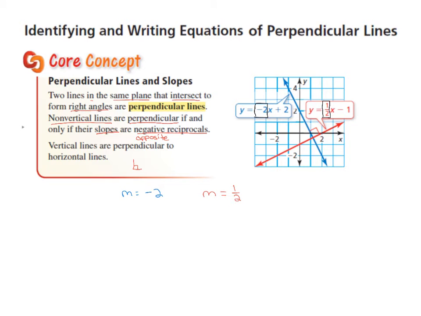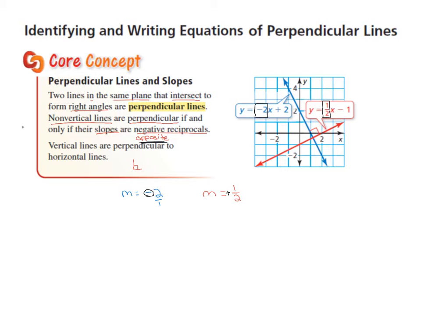The opposite, or negative, means we switch the sign. The sign used to be negative, and on the new one it's positive. A reciprocal is a fraction that you flip upside down. The number 2 could be written as 2/1, and when I flip that upside down, I get 1/2.